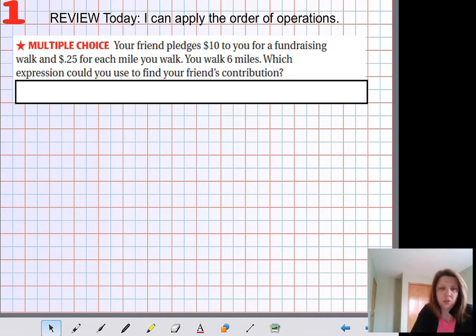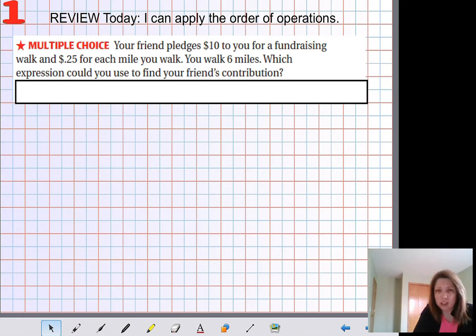Which expression could you use to find your friend's contribution? Well, before I show you the 4 options, I want you to think about this example. Your friend pledges $10 to you for a fundraising walk. What does it mean? If somebody gives you $10, would that mean this person will give you that for every single walk, or is it just at the beginning?